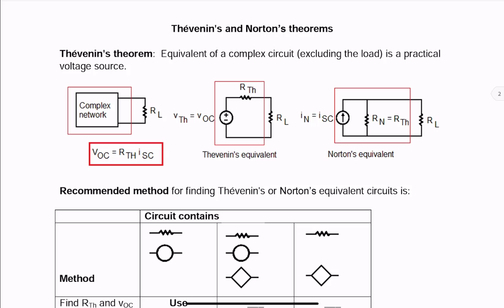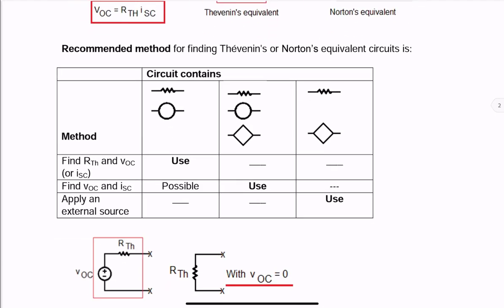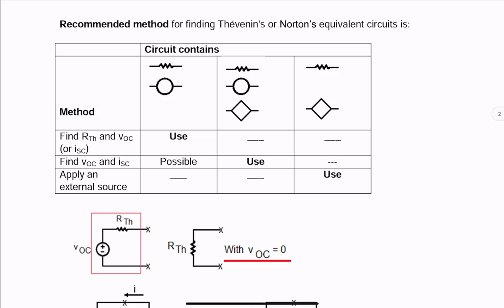Thevenin's and Norton's equivalents are related by source transformation, so VOC is RTH times ISC. Recommended methods are summarized in this table.